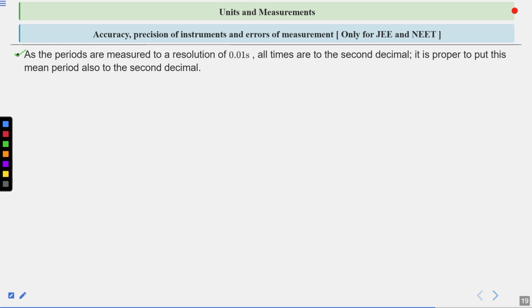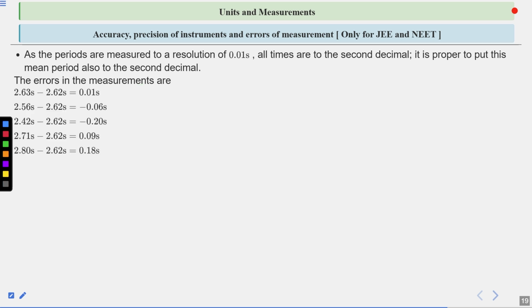As the periods were measured to a resolution of 0.01 second, all times are to the second decimal. It is proper to put this mean period also to the second decimal. So the errors in the measurements are: 2.63 seconds minus 2.62 seconds is equal to 0.01 second.